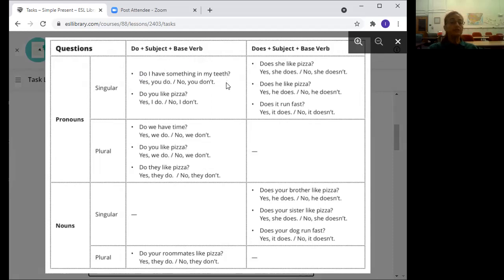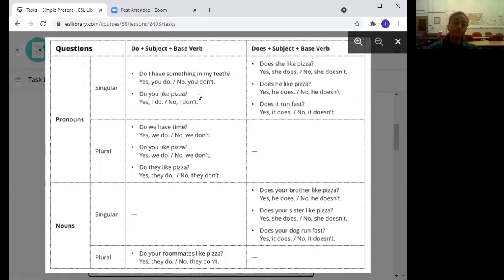And this is a yes or no question. You put the helping verb do before the subject. And the answer, a typical answer is a short answer, will be yes, you do, or no, you don't. If you want to ask somebody if they like pizza, you can say, do you like pizza? And the answer may be yes, I do, or no, I don't, right?